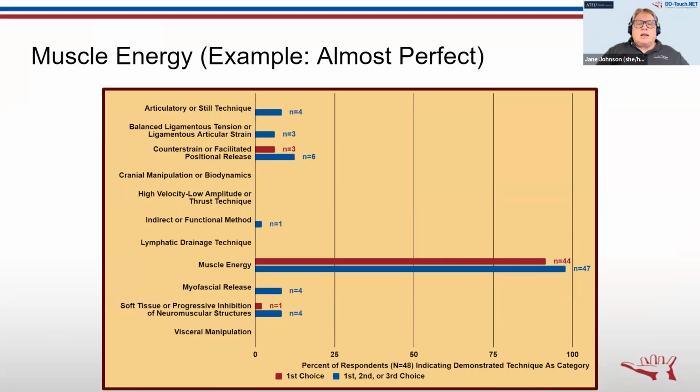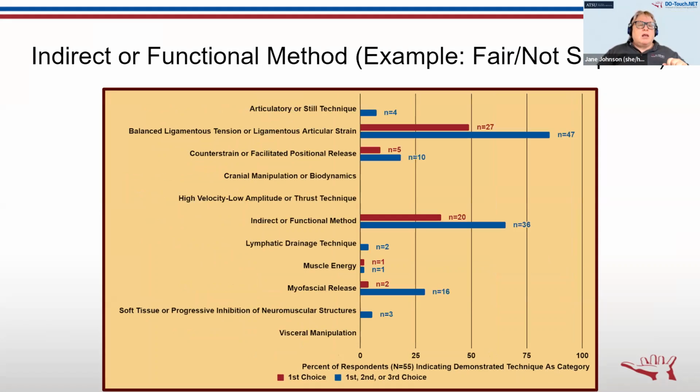So let's go to the next slide, please, Sarah. Okay, so this is an example of a technique that had basically poor consistency. This was the category called indirect or functional method. In this particular video, a fair number of people called what was being demonstrated balanced ligamentous tension or ligamentous articular strain.